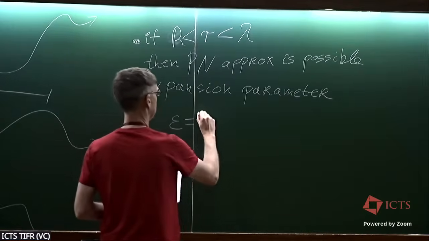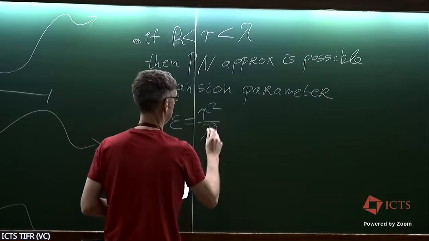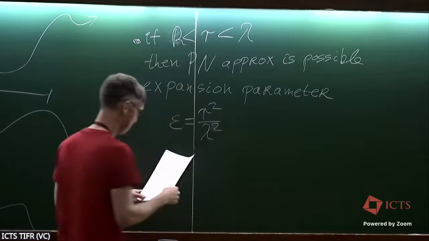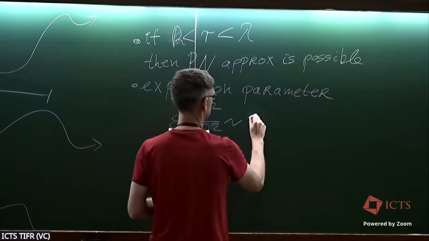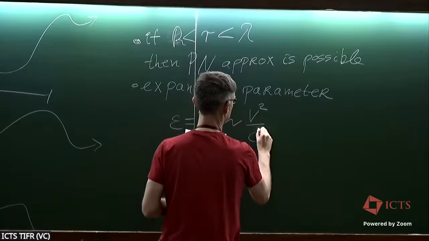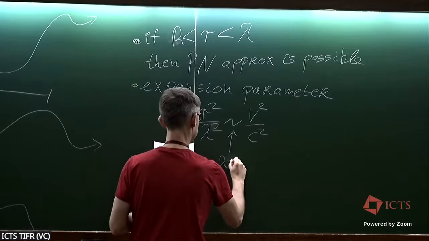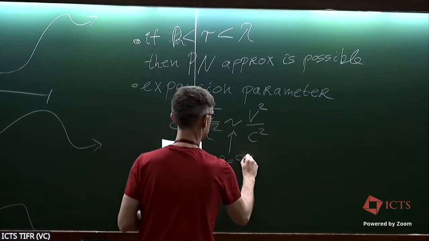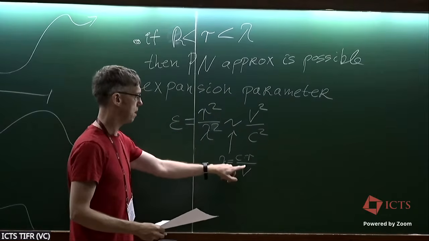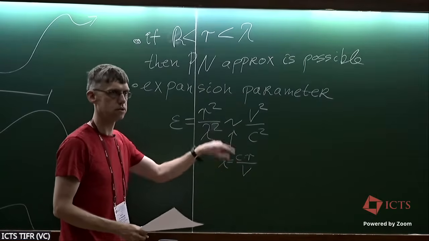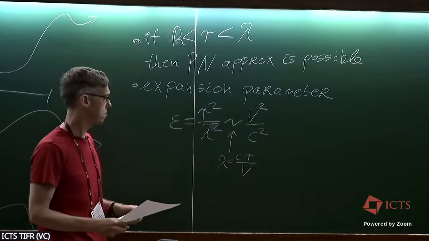You could say it's the size of the orbit squared divided by the wavelength squared. This is approximately the same as the velocity squared divided by the speed of light squared, because the wavelength you can estimate as the speed of light times the size of the orbit divided by the velocity, right? So r divided by the velocity gives you roughly the orbital period. And if you multiply it by the speed of light, you get the wavelength of the gravitational waves.